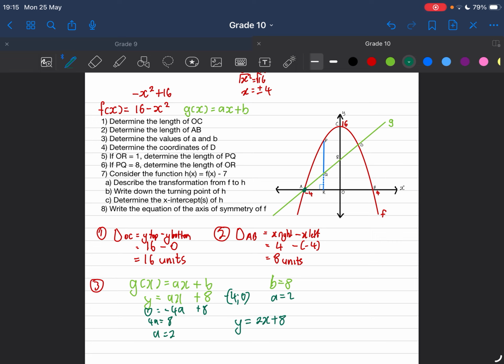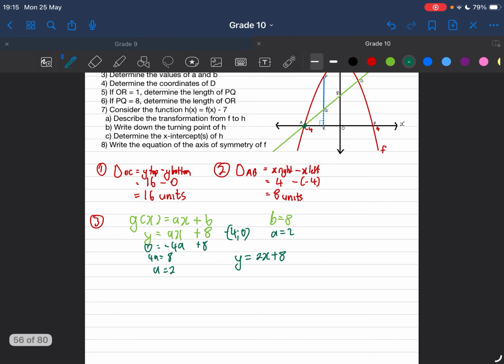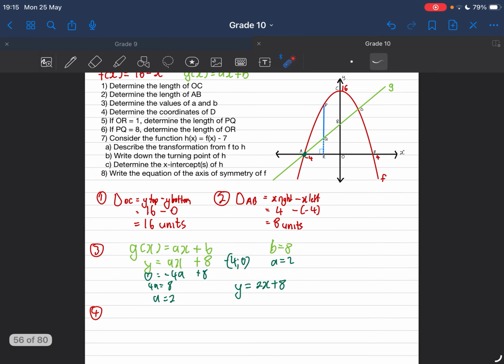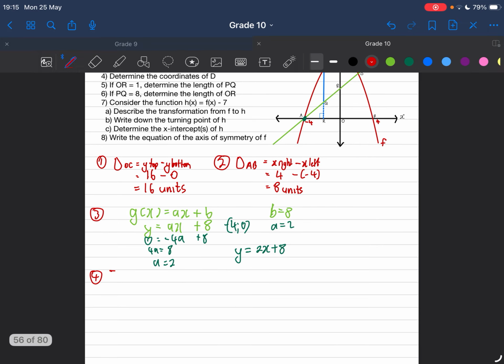Alright, we're just making a note of the equation because it's probably going to be used later on. Right, the fourth question here now is going to be the coordinates of D. So what is D? What do you think? D is a point of intersection.